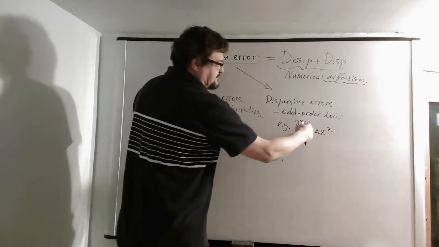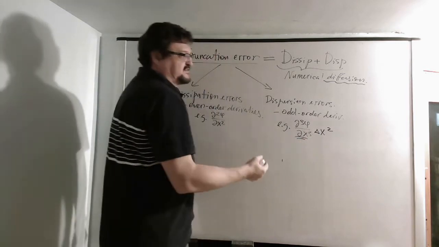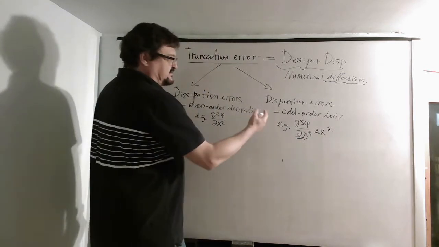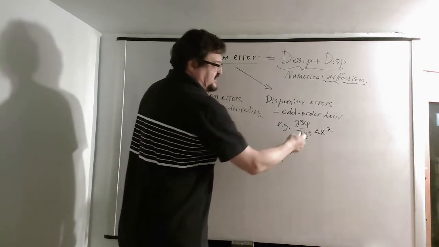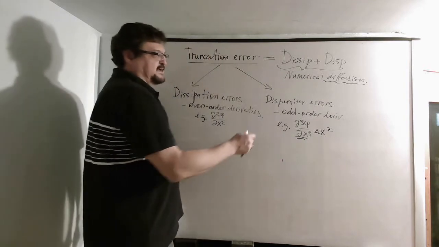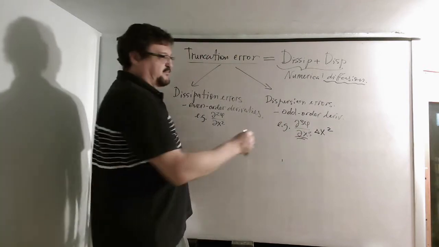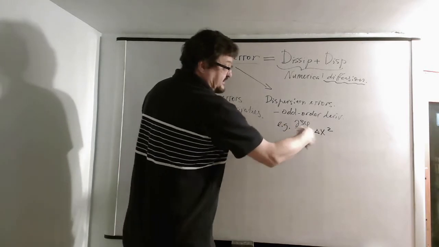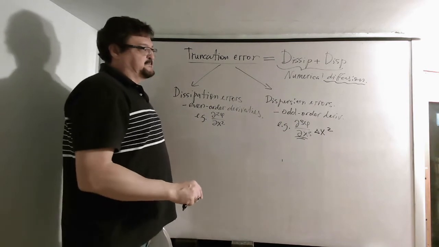higher order approximation, it means that your truncation error, this dissipative or dispersive truncation error, is actually proportional to your grid spacing or time step to some power. So the higher approximation you use, the smaller your truncation error and the smaller your dissipation and dispersion errors.